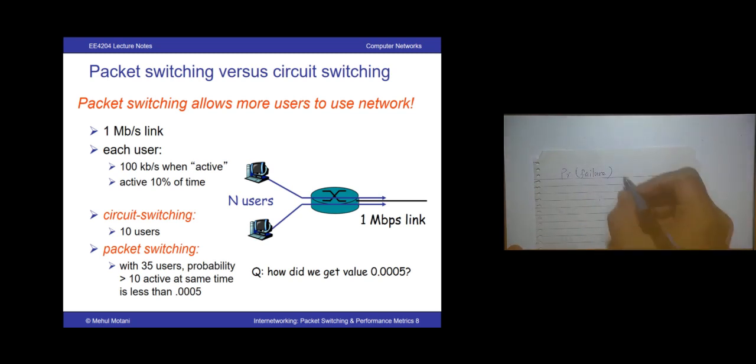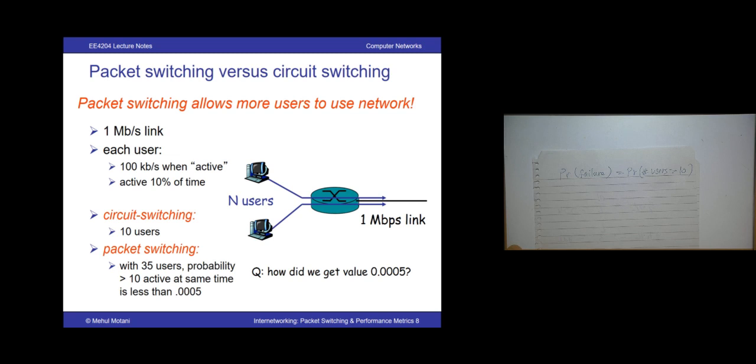The probability of failure is just the probability that the number of users is what? 11 or larger. So I'm going to say this is greater than 10. I didn't say greater than or equal to. It's greater than 10, so it's 11 or above, exactly.